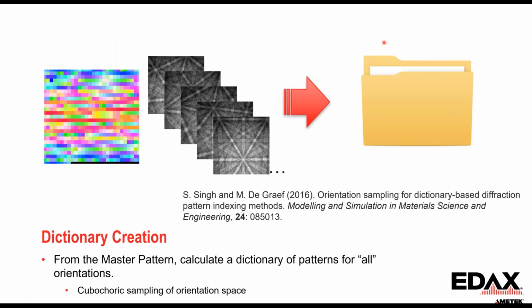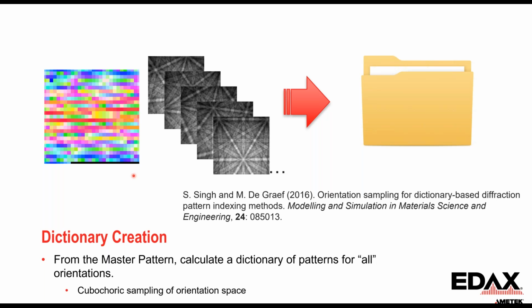And so when we talk about dictionary indexing, what we do is we take that orientation space and we create patterns that are sampled through that orientation space. And so we simulate an array of patterns and create a folder of those patterns, and we just call it a dictionary. It's what we're going to look up for comparison. And so, there's some subtleties for how we sample orientation space effectively with this, and we have webinars, and Mark has papers about that.